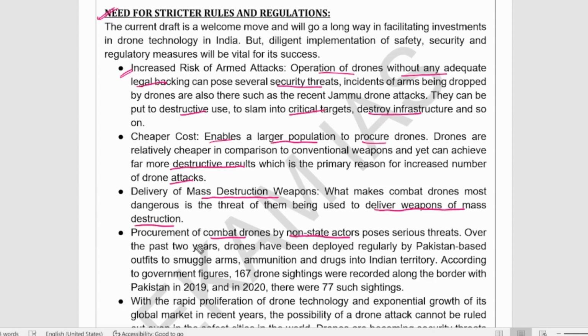Over the past few years, drones have been deployed regularly by Pakistan-based outfits to smuggle arms, ammunition and drugs into Indian territory. If we look at the statistics, 167 drone sightings were recorded along the border with Pakistan in 2019, and in 2020 there were 77 such sightings.